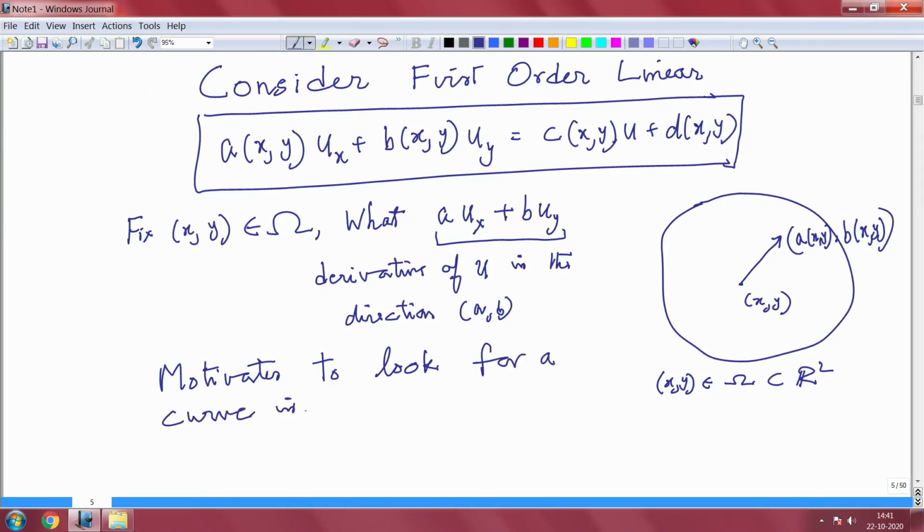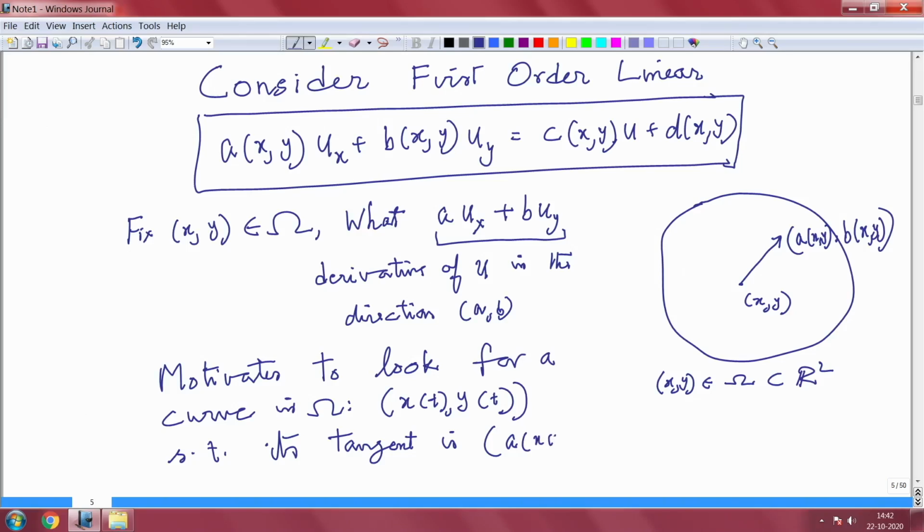The curve will look like (x(t), y(t)), where t is a parameter, such that its tangent is (a(x(t),y(t)), b(x(t),y(t))) at each point.